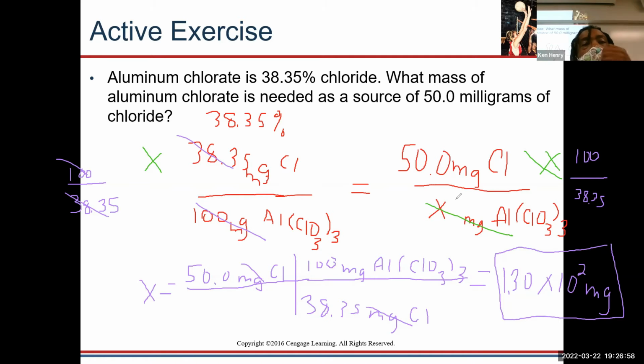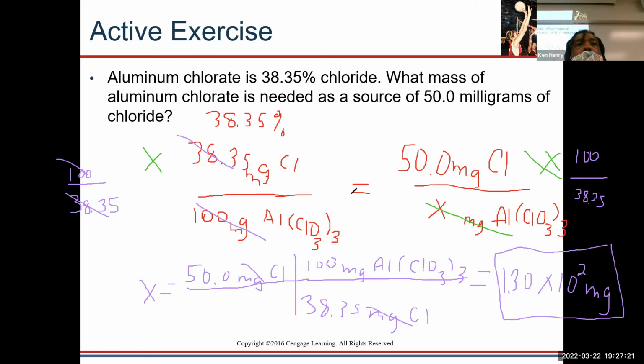Okay, so the question was, why are we multiplying both sides by 100 over 38? Well, we multiplied by 100 over 38 to cancel out this so we can get x all by itself, right? So we have to do that to both sides of the equation.